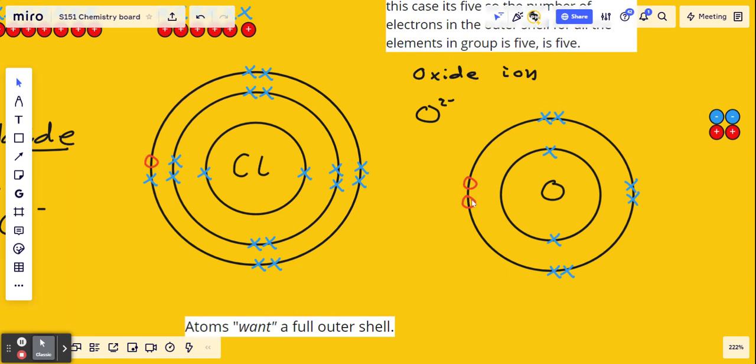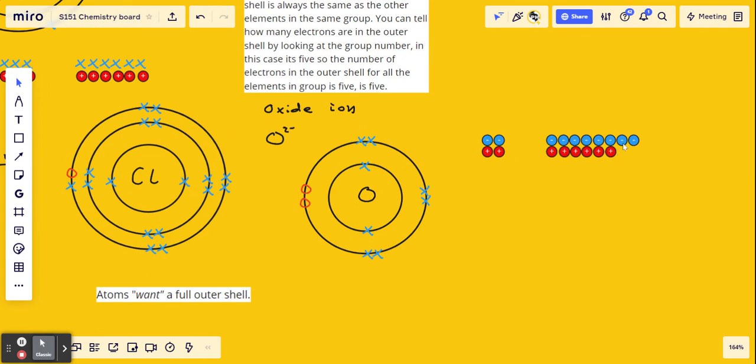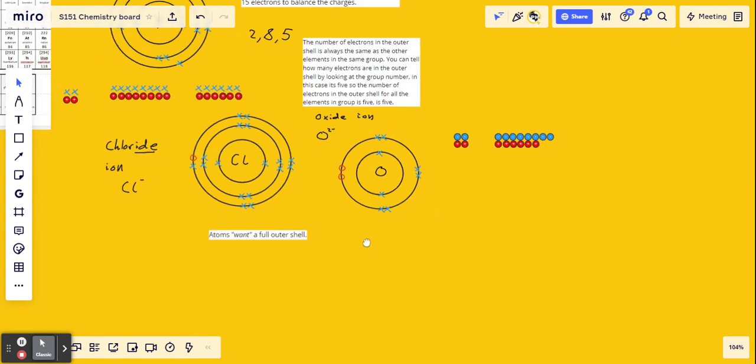So it gained 2 electrons, completing the outer shell, because it had 6 in the outer shell previously, and now it's got 8. But this means it will have an excess charge, as you can see here. So it's going to be O2 minus. So that's an oxide ion.